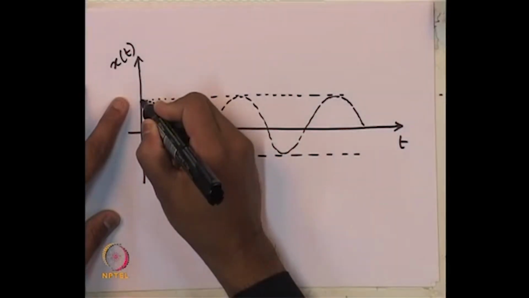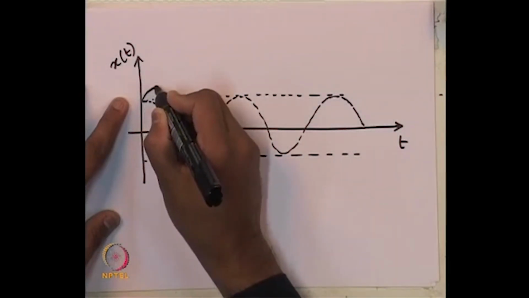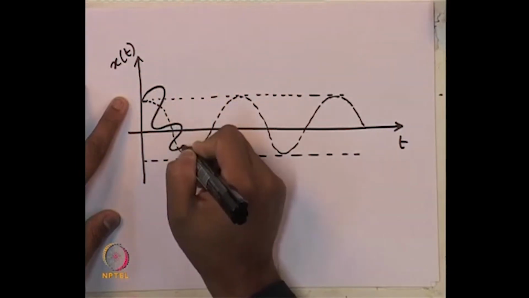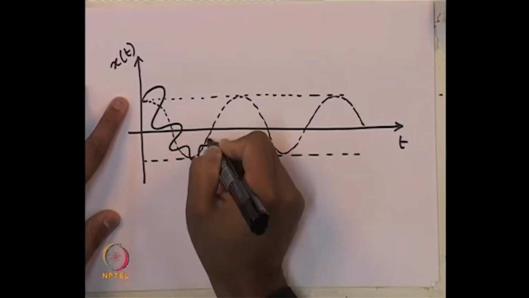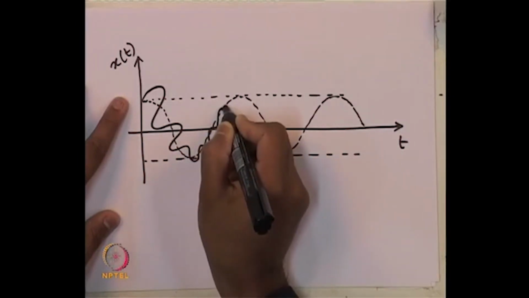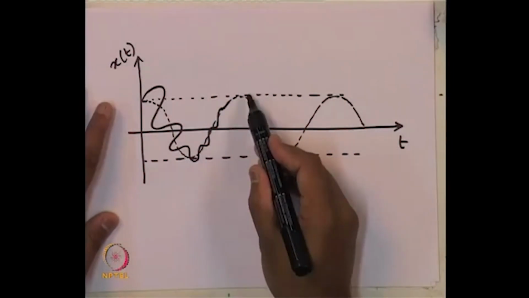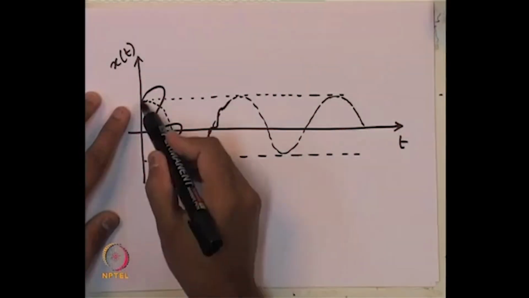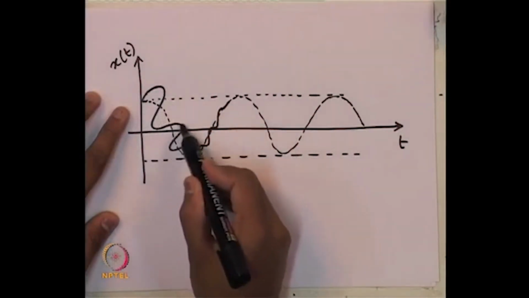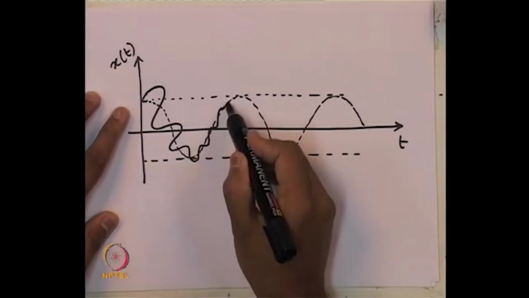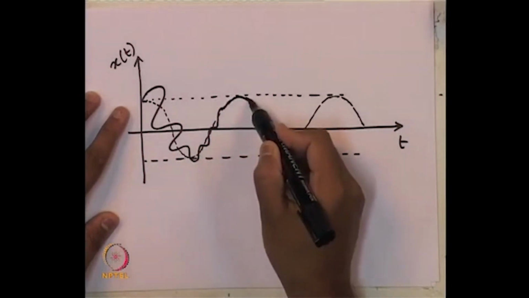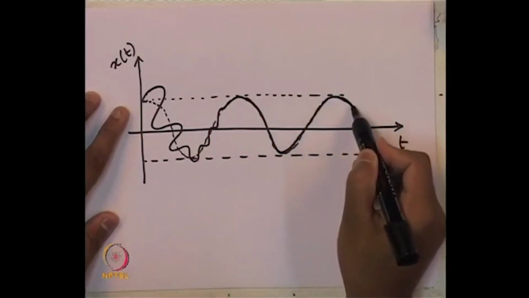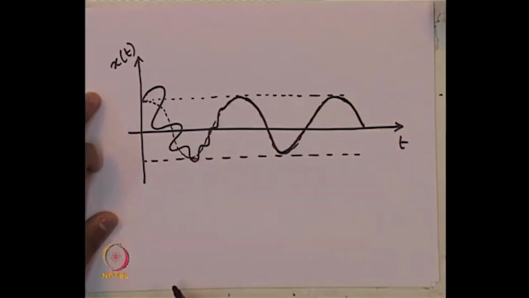So, let me draw it now. We will have some functions like this, and then it will die down after a certain time. So, the total response becomes this solid line, then beyond it, it vibrates periodically or harmonically following this step.